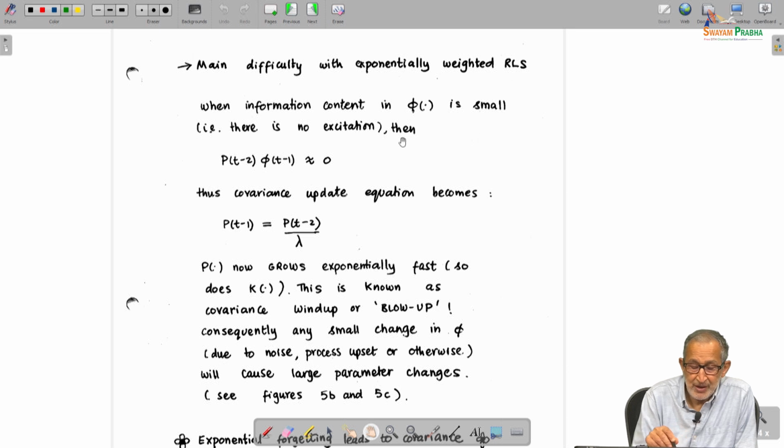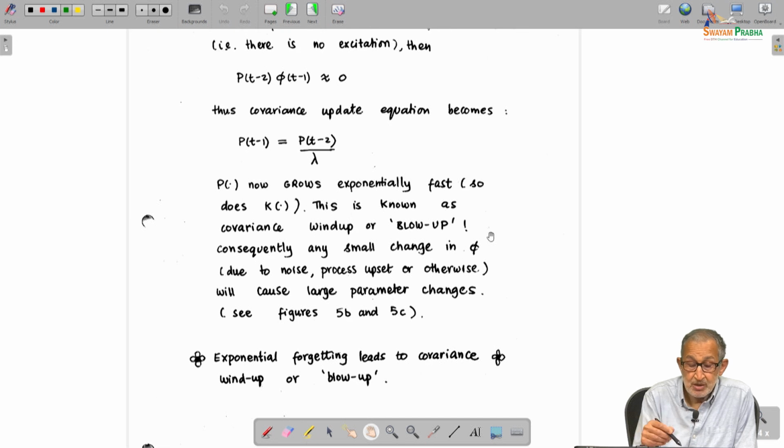When there is no excitation, then phi times y becomes 0. The covariance update becomes just this term here, and P now grows exponentially fast, and so does K. This is known as covariance wind up or blow up.